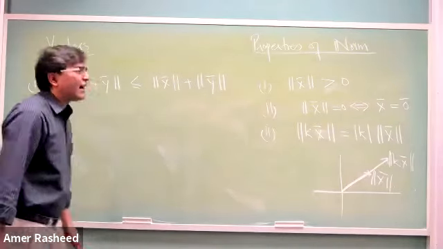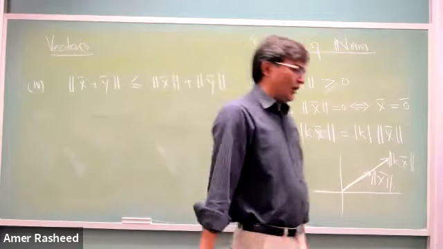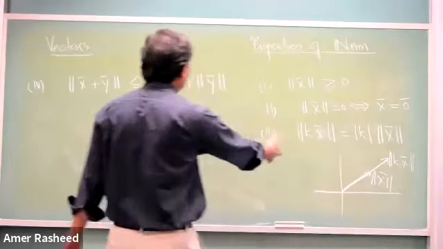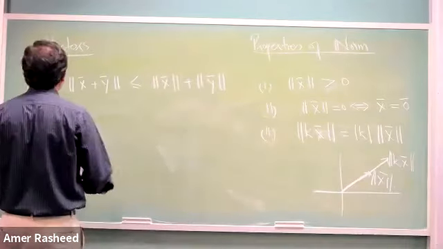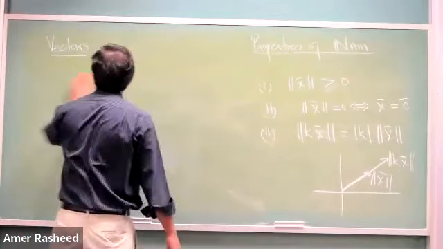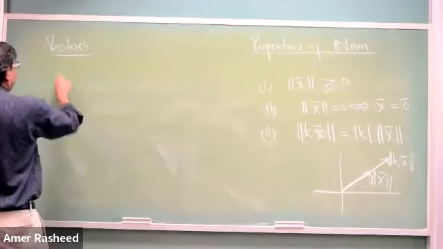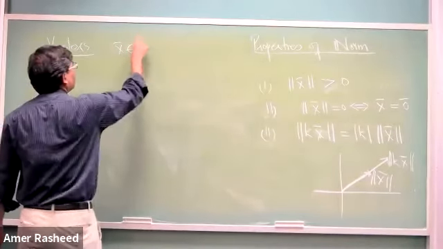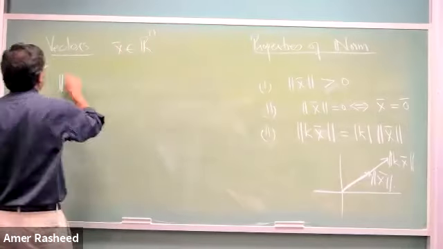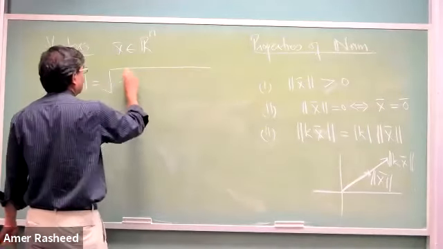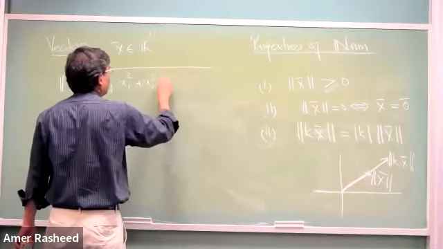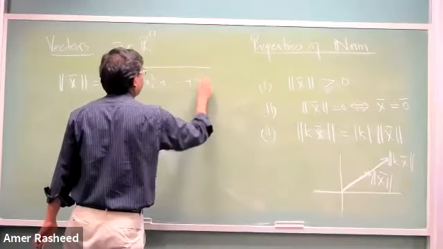Now, there are some other kinds of lengths as well. These are the properties of the usual Euclidean norm, so we can define norms in other ways. If you have any x belonging to R^n, then the norm of x, which I defined earlier, is the square root of x1 squared plus x2 squared plus so on plus xn squared.